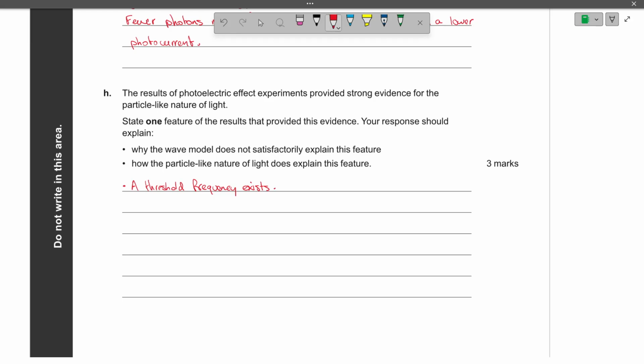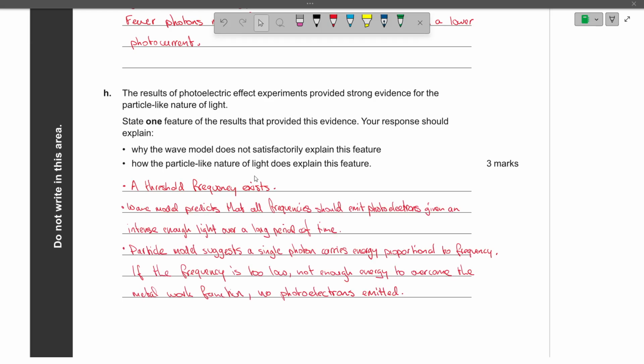If the photon doesn't have enough energy to kick that electron out, it simply won't get kicked out, and that's what the threshold frequency is. It's the minimum frequency, minimum energy required to kick that electron out. Okay, so I'll just write my answer, and then pretty much we're done.